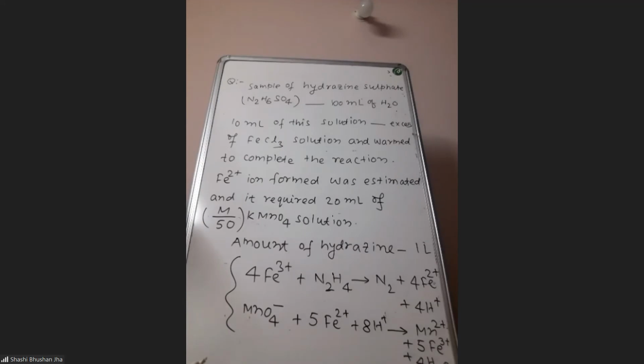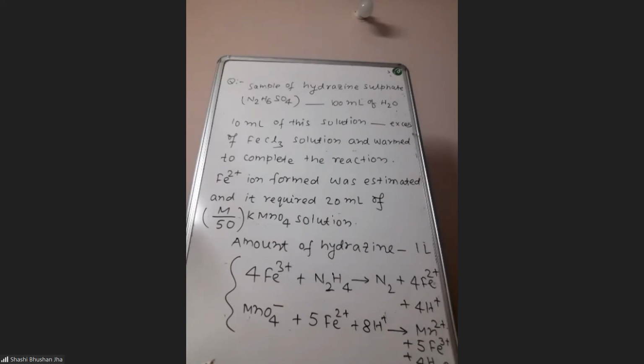On the product side, we have nitrogen, ferrous, and H+. Now, ferric ion is in excess. So the number of equivalents of ferrous will not be equal to the number of equivalents of ferric because ferric is in excess. But you can equate that with the number of equivalents of hydrogen.